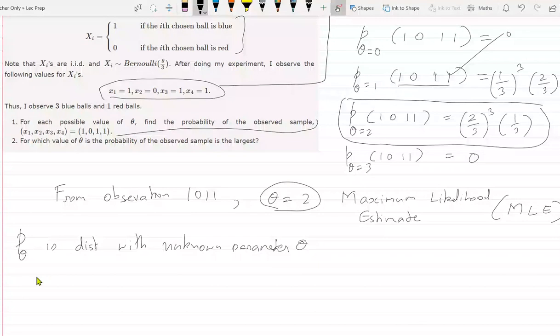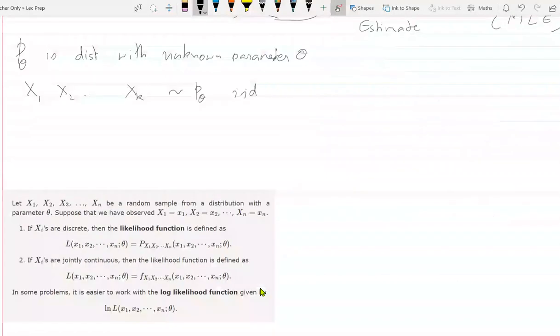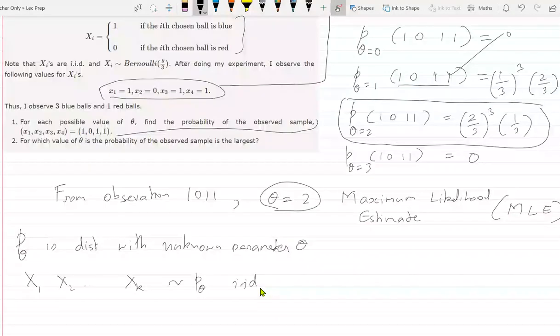So you have samples x1, x2 up to, let's say, xk, samples from P theta, IID. And suppose you have observed these random variables to be small x1 and so on. So you have made a particular observation.